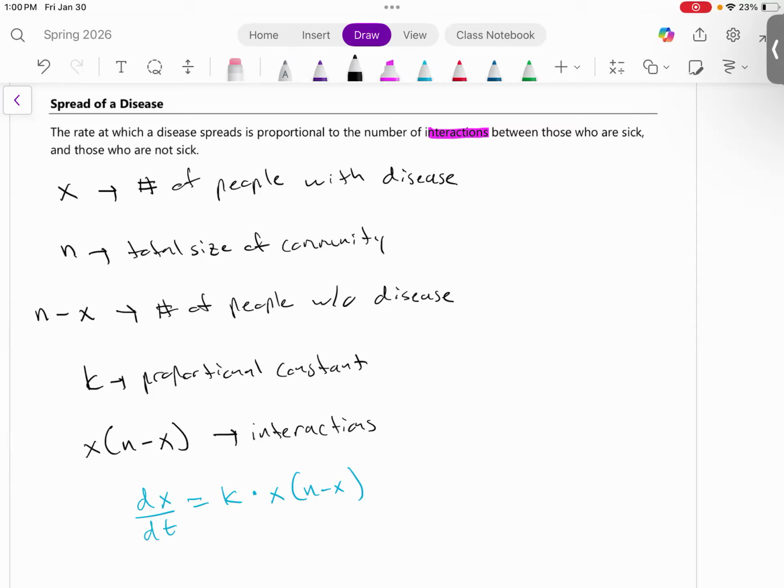I maybe forgot to write the rate, but I think you can assume that. So this is our differential equation. We need an initial condition, but really we just need patient zero. So x of 0 equals 1, meaning our patient zero.